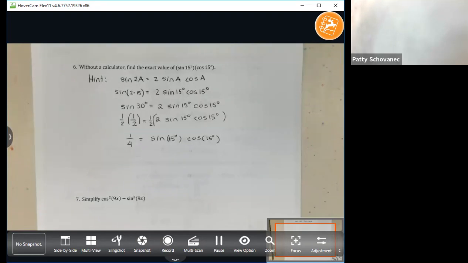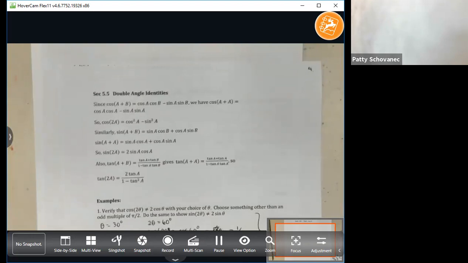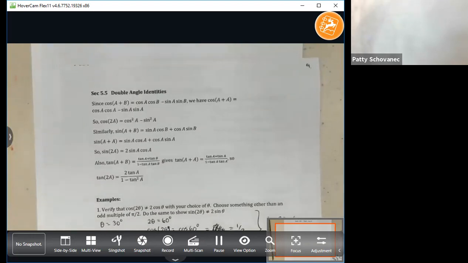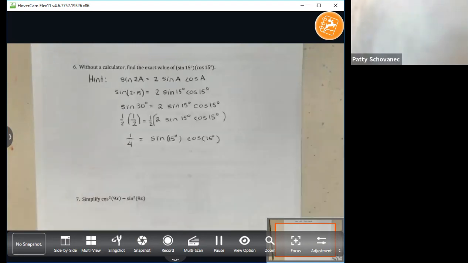So let me dig out my identities from today again and see if you can spot it. Got any identity from today that looks like a cosine squared minus a sine squared? Maybe the very first one. Cosine of 2a is cosine squared of a minus sine squared of a. So that's what I'm going to say here.